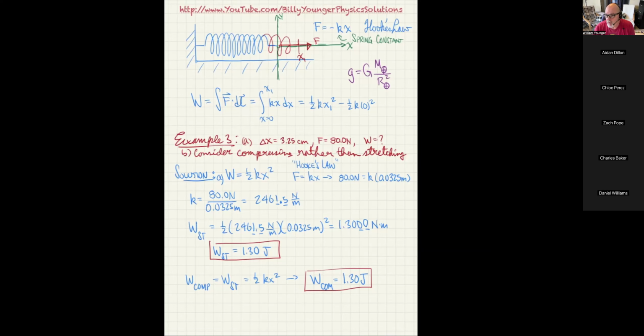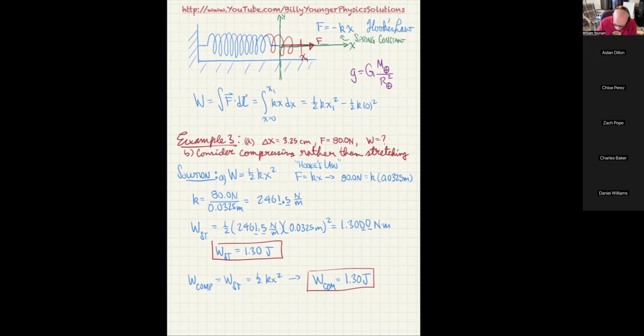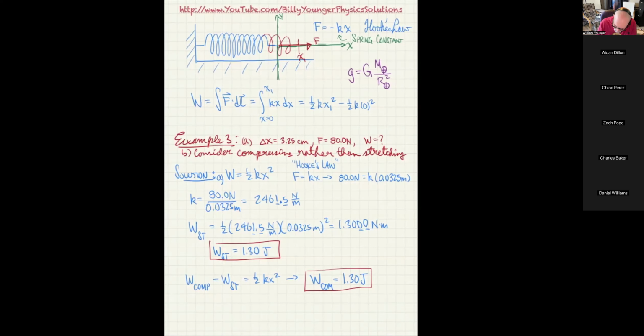And we've learned how to use work equals the integral of F dot DL, with mgh, and with 1/2 kx squared. So we know what to do when we're given a force formula to find the work being done. But it might help to have one more example, and this is going to be example 4.